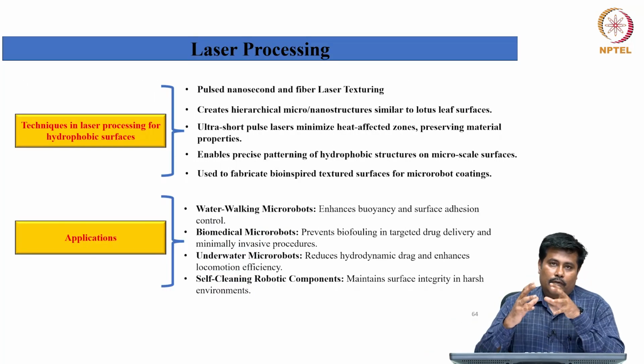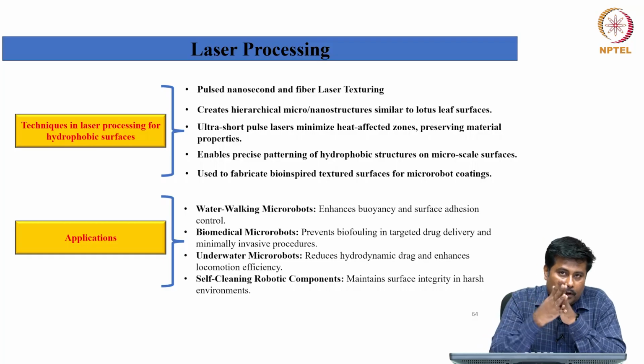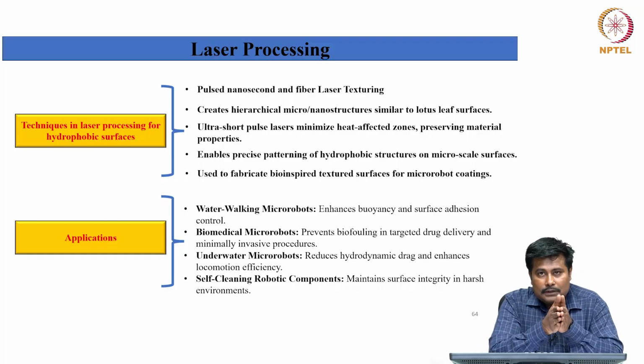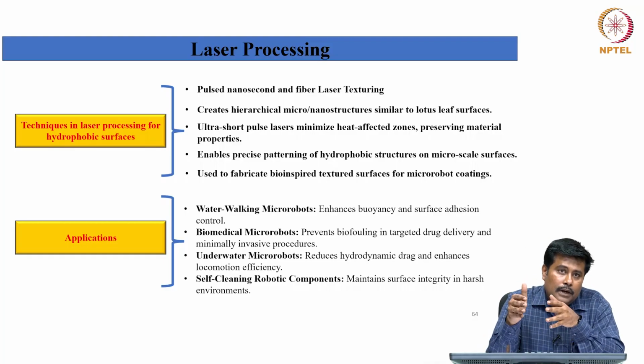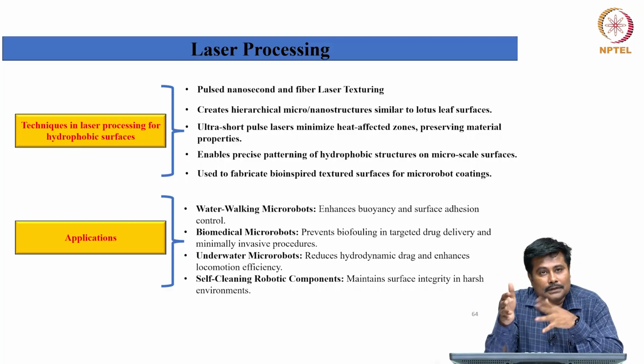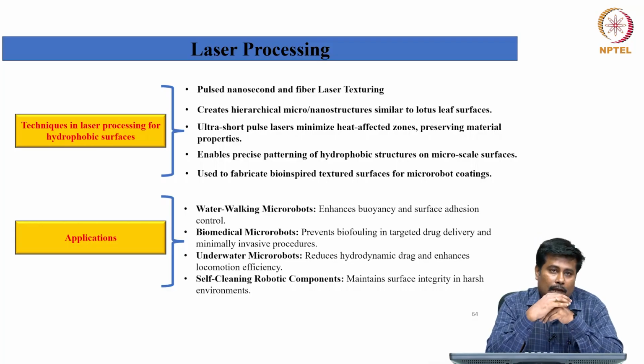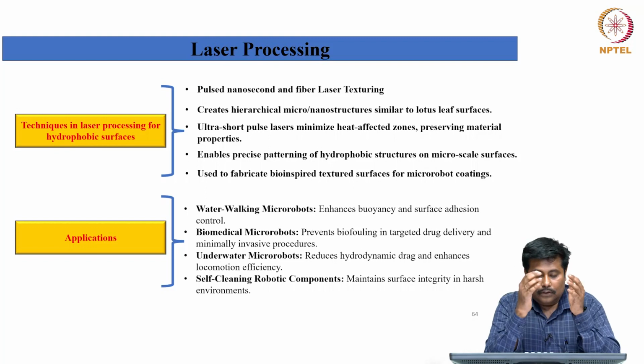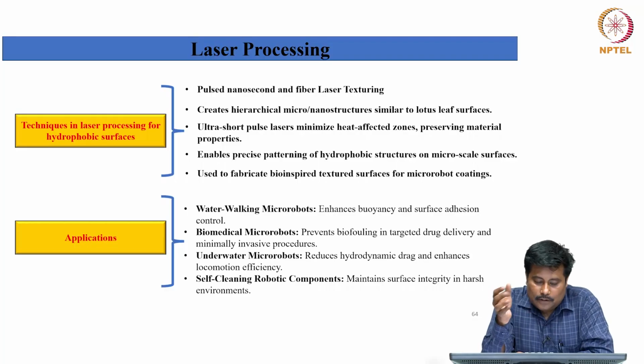Now, when we talk about laser processing, for this particular course we are limiting ourselves only to the generation of hydrophobic surfaces with laser processing. As far as the technique is concerned, we can deploy a pulsed nanosecond laser or a fiber laser for texturing the surface.